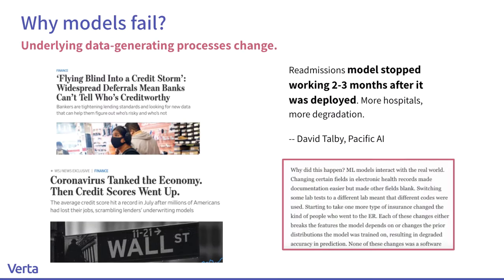The other reason is that the underlying data or the process to generate data can change unpredictably. The prime example is that credit scoring systems failed during the pandemic because suddenly consumer behavior shifted. There are similar examples even in the healthcare domain. We talked to one of the experts in healthcare, and he shared a similar concern.